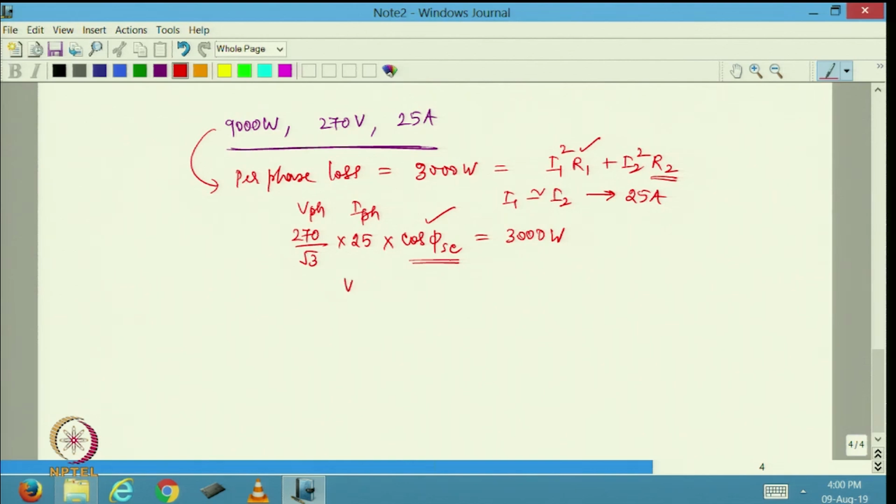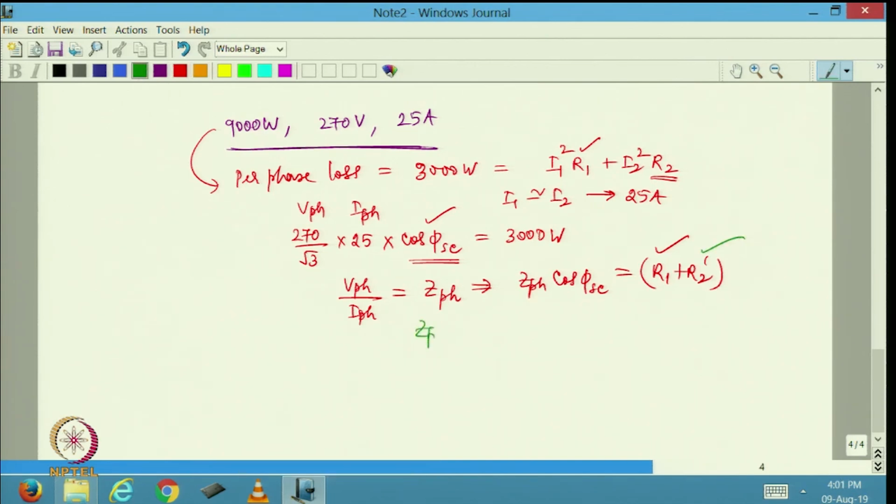Now, I should be able to get V phase divided by I phase, which will be equal to Z phase. Once I get Z phase, I can say Z phase multiplied by cos phi SC will be equal to R1 plus R2 dash. R1 is already given as 2.8 ohms, because of which I would be able to determine R2 without any difficulty. So, I should be able to get R2 dash.